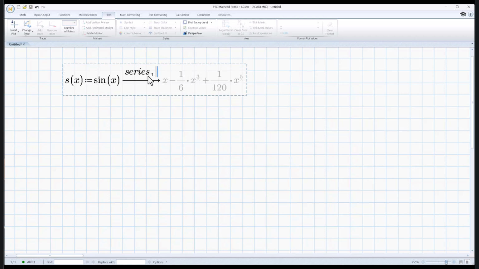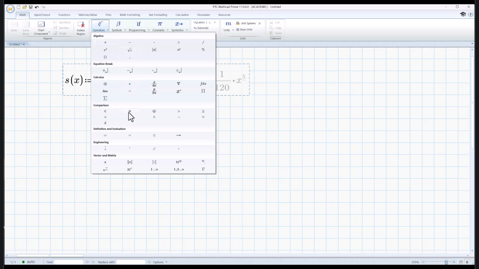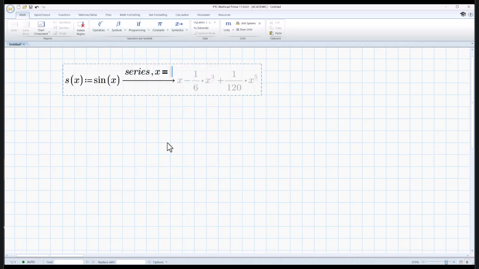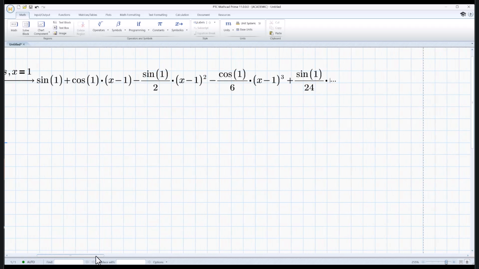What if I want to expand it about x equals 1? So I'm going to say x, and I'm going to say control equals. Let me go up here and show you where that is. If I go to Math, Operators, that bold right there, control equals, that's defining a variable for me. And I want to expand it about 1. Well, there it is. There's the same thing expanded about 1.